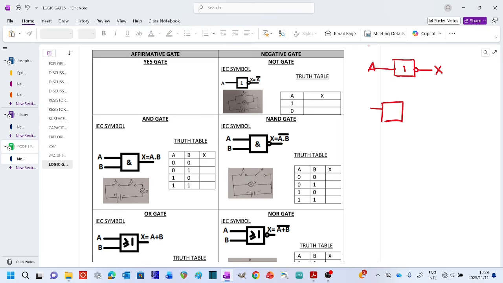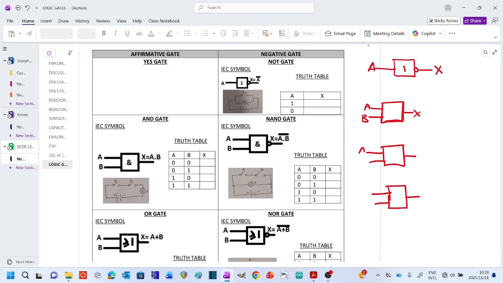You just have to draw a box like this, 2 inputs, 1 output. Now draw another box, 2 inputs, 1 output. I'm first drawing the positive one. You can label your inputs as A, B, and the output is X.